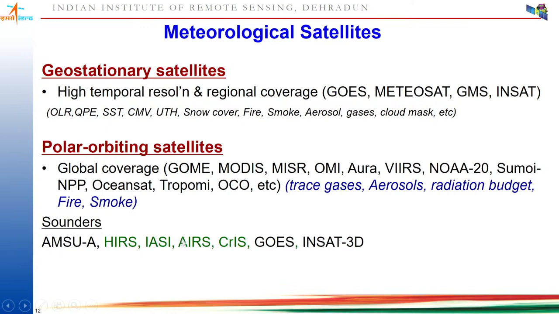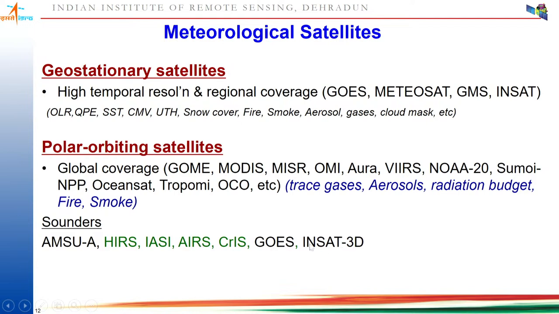So these are some of the satellites, these sensors in the different electromagnetic domains. It can be in the microwave domain, the visible domain, or the infrared domain. So these are the abbreviations of some of the sounders. Insat-3D also has a sounder. GOES also has a sounder. AIRS also is a hyperspectral sounder.